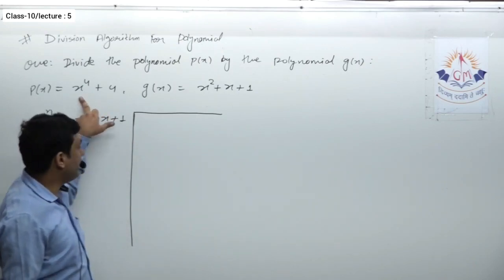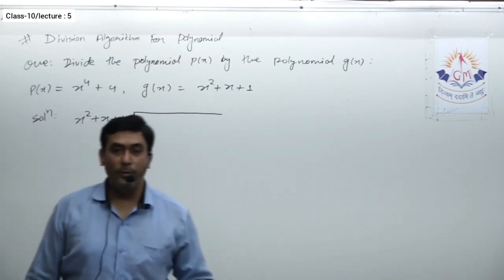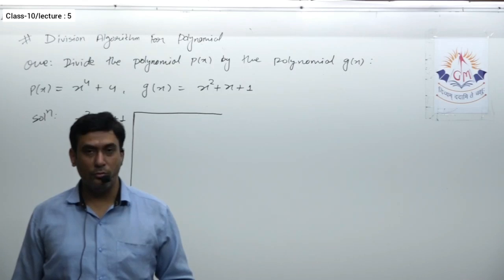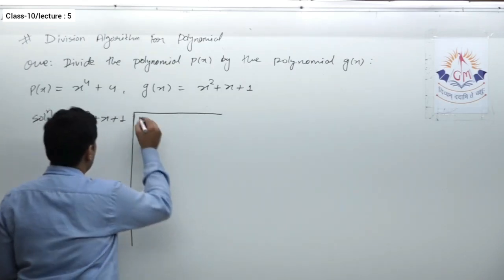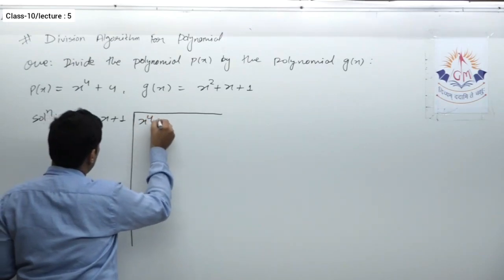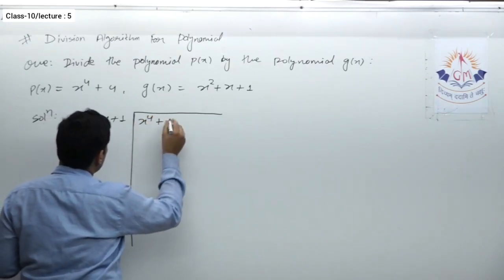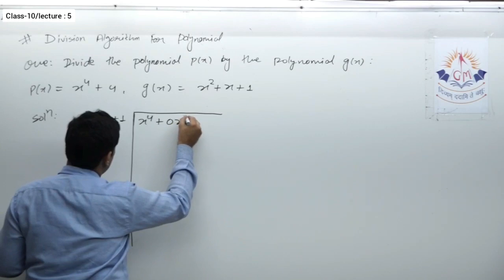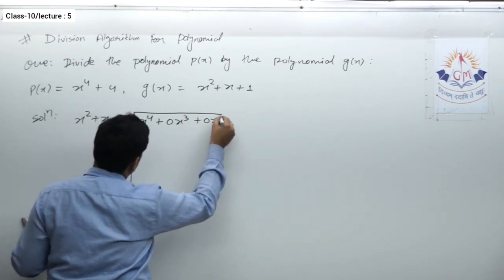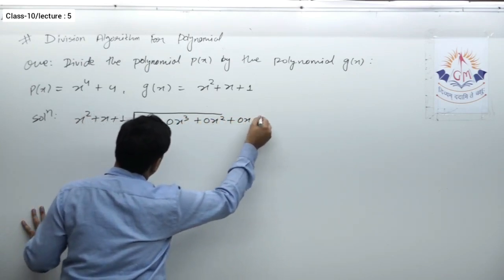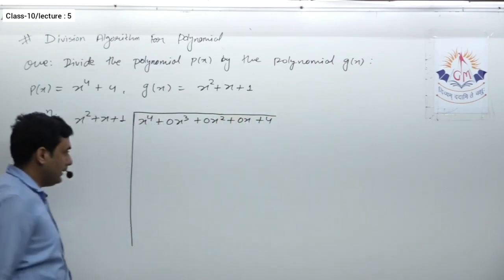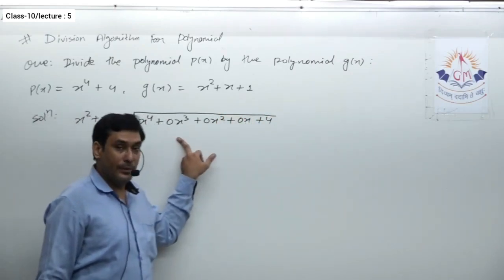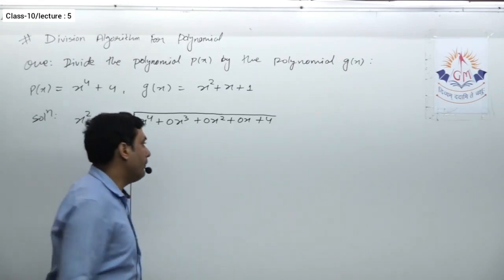Here we have x raised to 4, then x cube is not there, x square is not there, x is not there, and directly we have the constant term. So we write x raised to 4 plus 0x cube plus 0x square plus 0x plus 4. We add all these three terms which are missing according to the standard form.